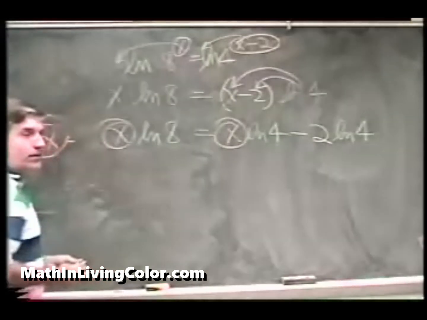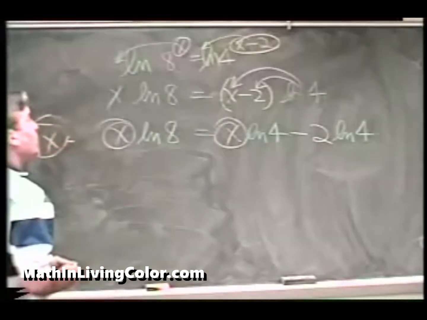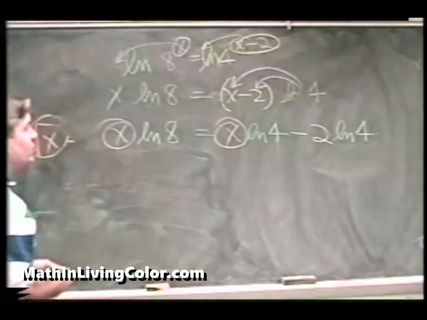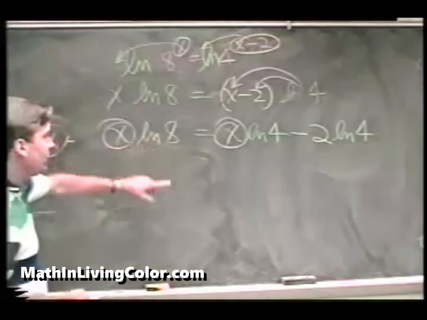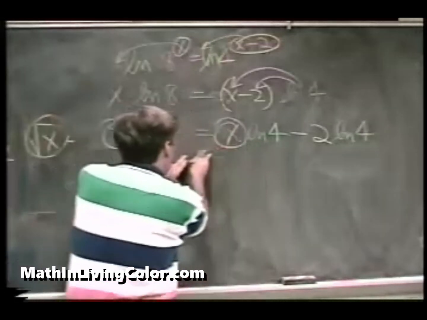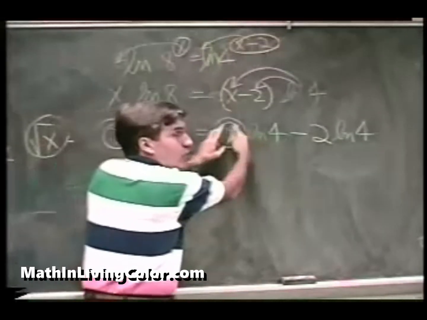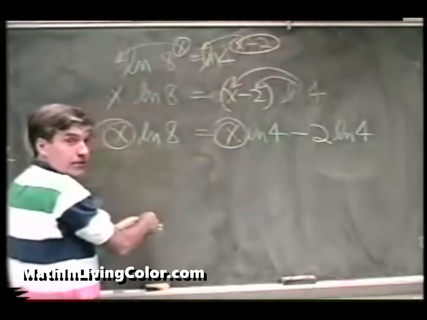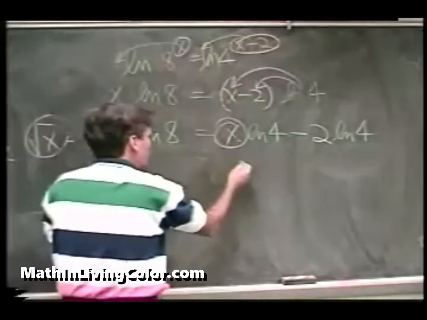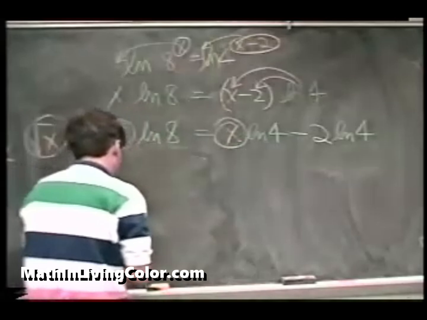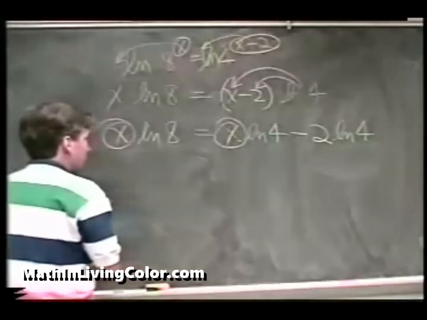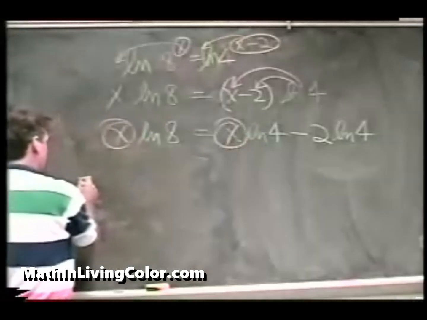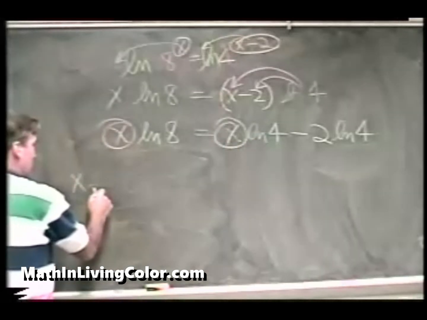I guess you have to move the x ln of 4 to your left. Now I got to get all the x's on one side. So what we might want to do is subtract the x ln of 4 term from both sides, right? That way you'll end up with all the x's over on this side. Now I'll have x ln of 8.